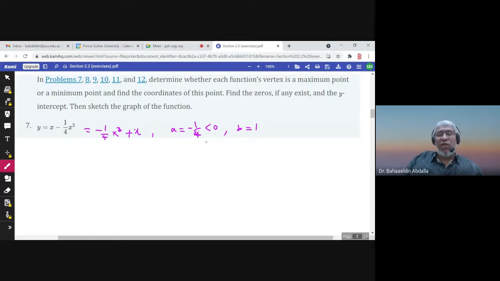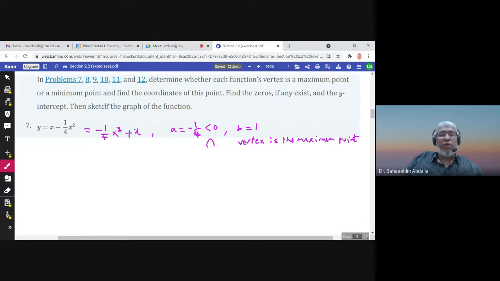Less than 0, so the parabola will open downward. And if the parabola opens downward, then the vertex is the maximum point.